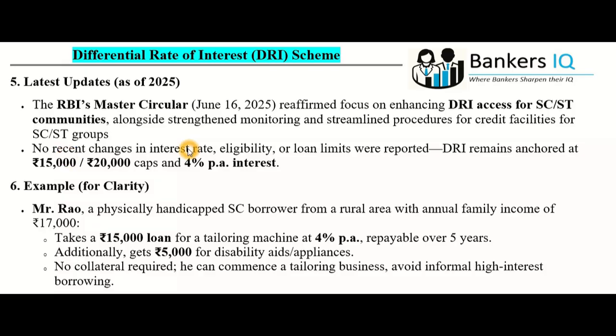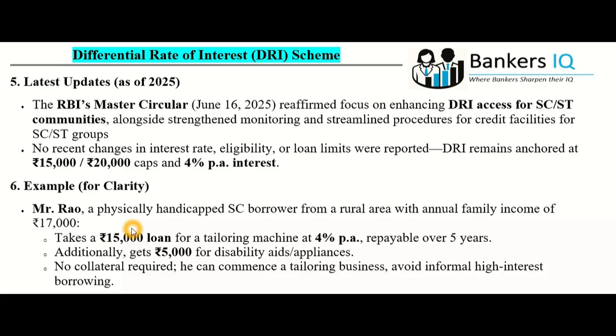No recent changes in interest rate, it is 4% only. Eligibility also same, no changes in loan limits were reported. DRI remains anchored at 15,000 rupees, 20,000 rupees caps and 4% per annum interest, as I explained in the previous points. For clarity purpose, I am quoting an example.